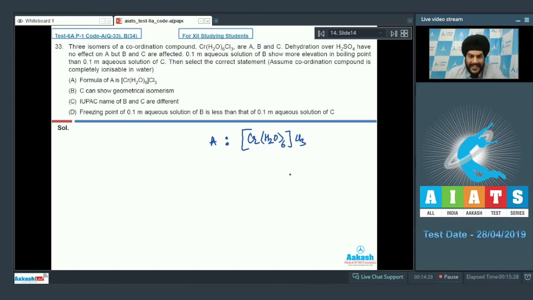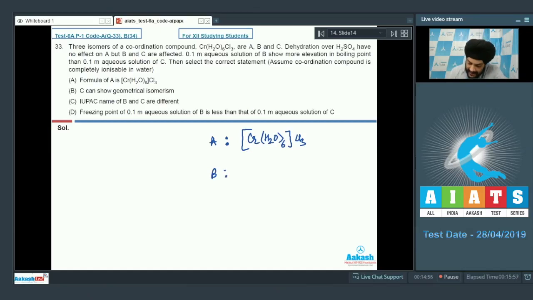Now if we talk about the complexes B and C, it is mentioned to us that B and C are affected. So in B and C, not all the water molecules are coordinated to the central metal ion. It is further given to us that 0.1 molar aqueous solution of B shows more elevation in boiling point than 0.1 molar aqueous solution of C. It means that B produces more number of ions in the solution.